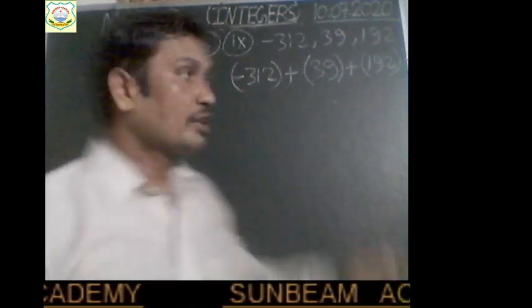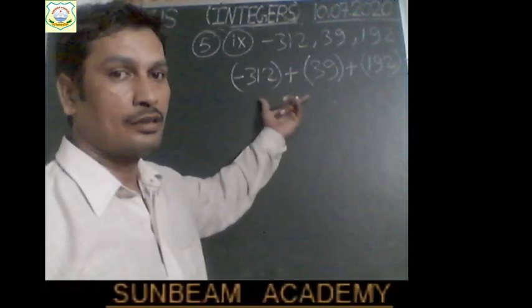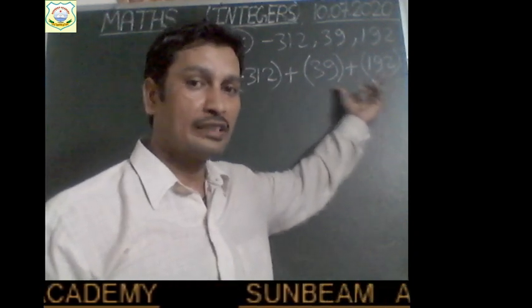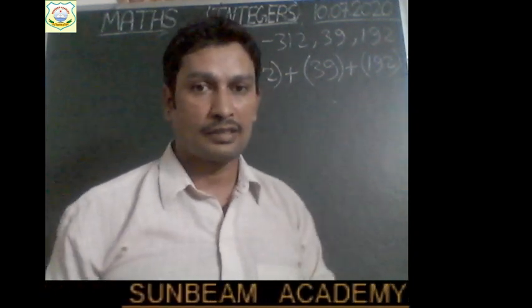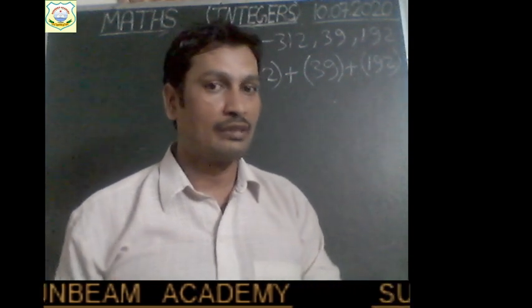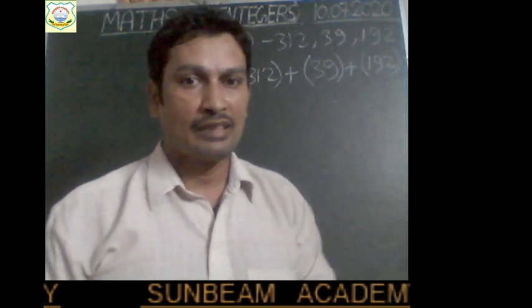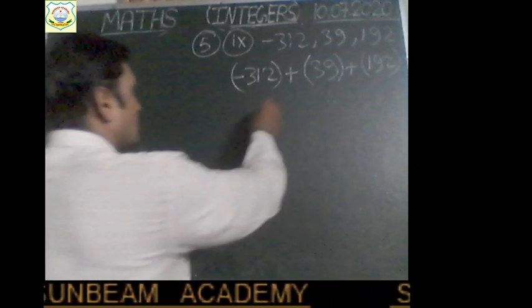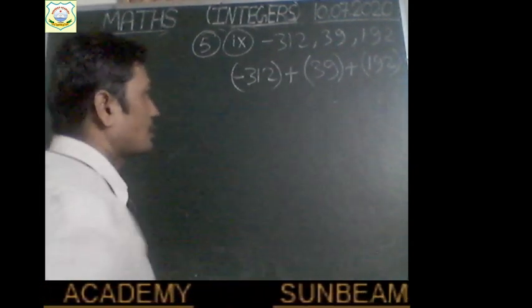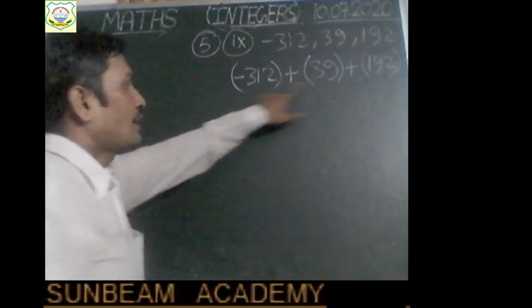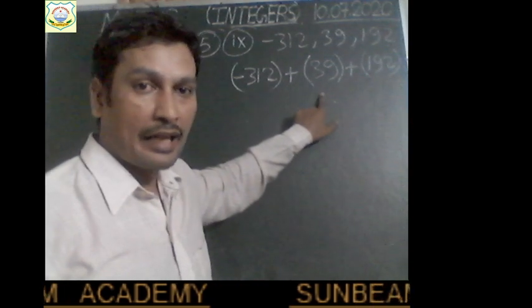Okay. So firstly add the first two integers, or you can add the second and third integer also. You can choose any two integers to be added at first. This is associative law. Remember children. So use associative law. Add first and second integer, minus 312 and 39. They are having opposite sign, so we will subtract.